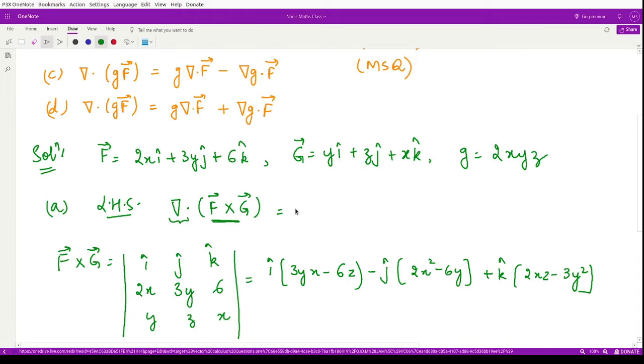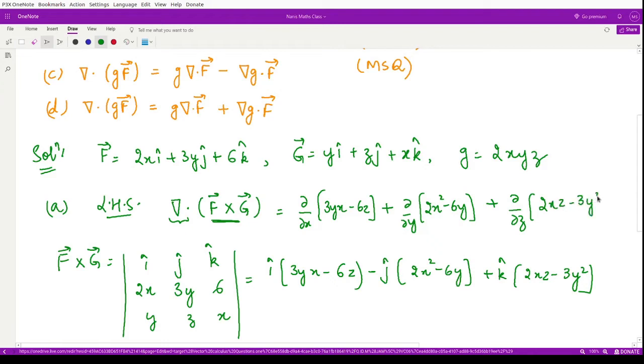So that means you are to evaluate del by del x of 3yx minus 6z plus del by del y of 2x square minus 6y, and then del by del z of 2xz minus 3y square, right?